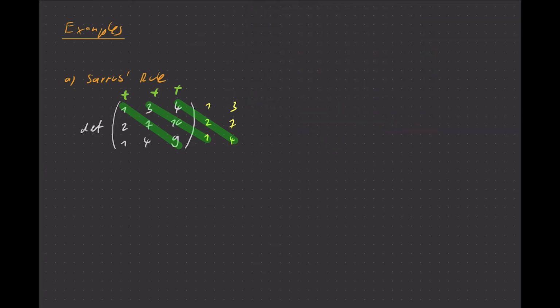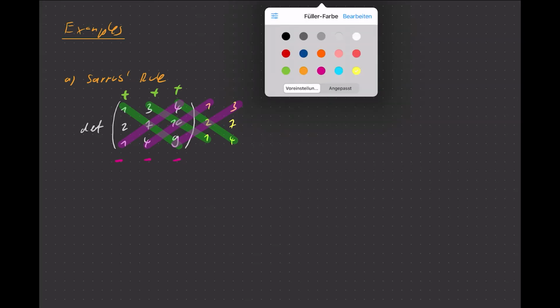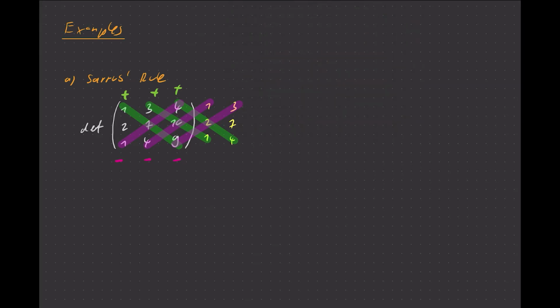Whereas these diagonals here will all be counted with a minus sign. So what do we get? Let's start with the positive ones. So along this diagonal here, we have 1, 7, and 9.